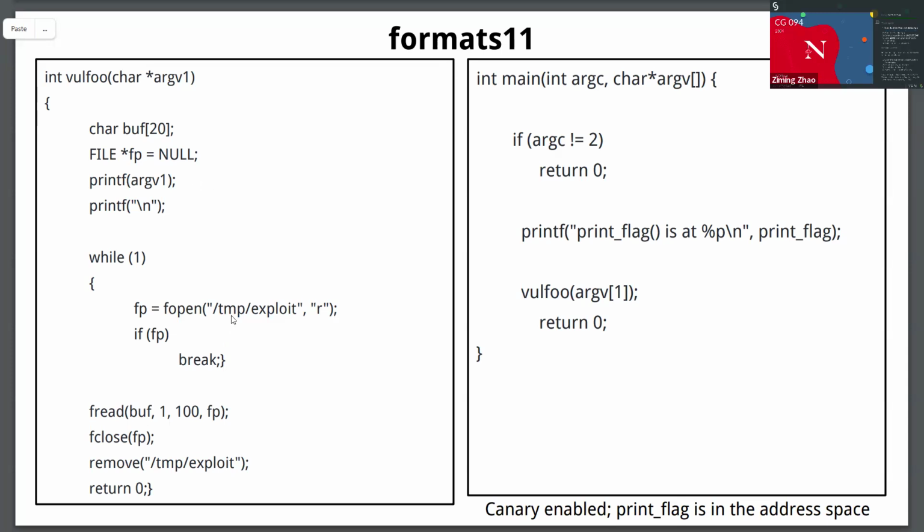Then write the exploit in this file. Then overwrite the return address to print flag. Okay, so you don't need to inject any shellcode here. Make sense? Okay, I give you maybe 20 minutes on this one, or as soon as the first one captures the flag.